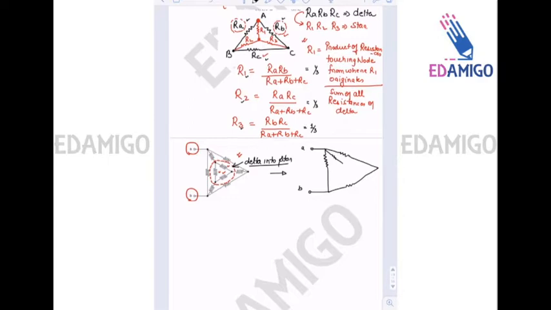Okay, so if this is node A, this is B, this is F, this is C, this is E and this is D. The delta that was between C, D and E will be converted into a star formation.